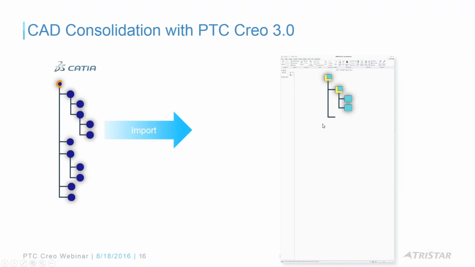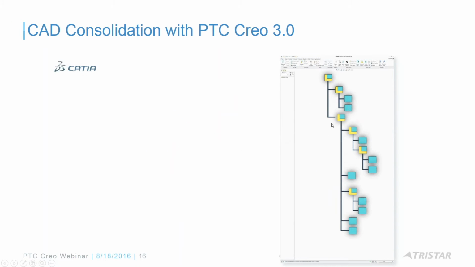So just to demonstrate the difference between import and open. The import is what we had in Creo 2, but now in Creo 3 you have the open as well. Let's say I have these files. With the import, they have to be converted to PTC or Creo parts or assemblies before I can add them to my assembly.